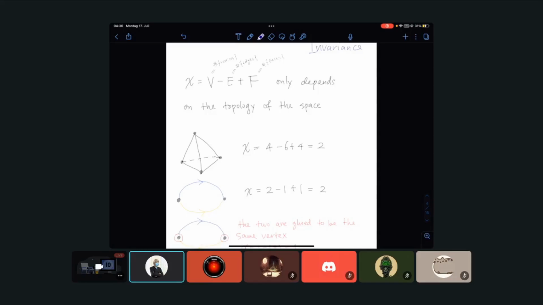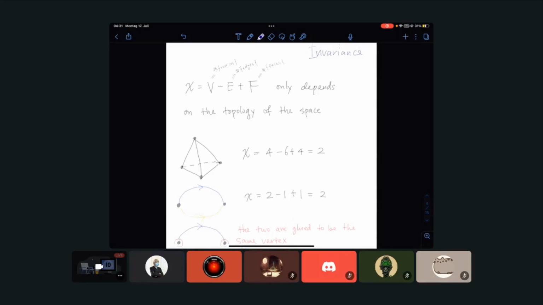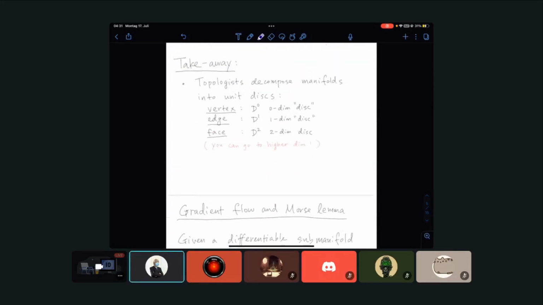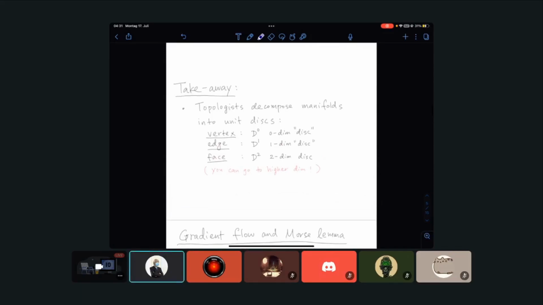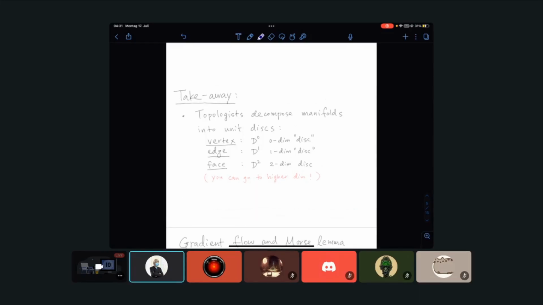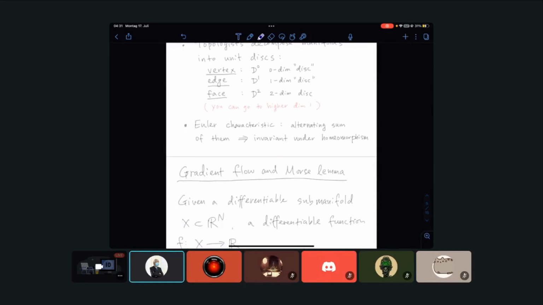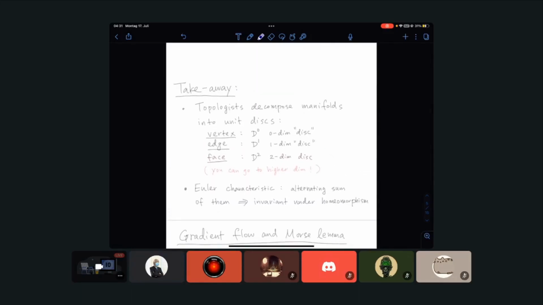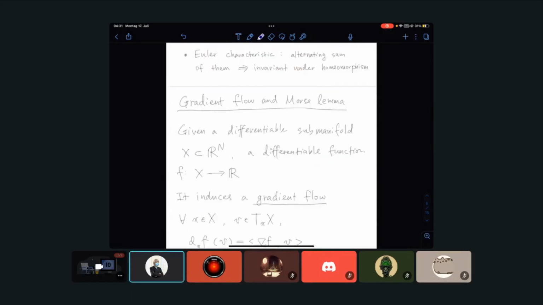So that's a 3-dimensional cellular decomposition. You can go to as high a dimension as you want and do whatever you want. The whole point is that we want to decompose them into disks, no matter whether you do triangulations or more modern cellular decomposition. And then there's this Euler characteristic, which is the alternating sum of them, and this is invariant under homeomorphism. So yeah, that's the takeaway for you guys.